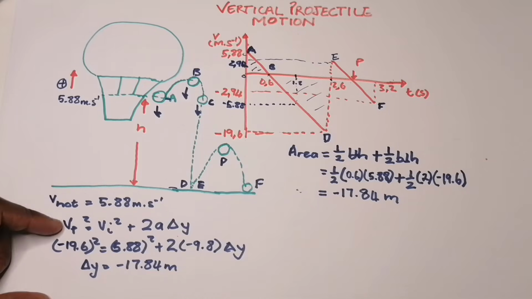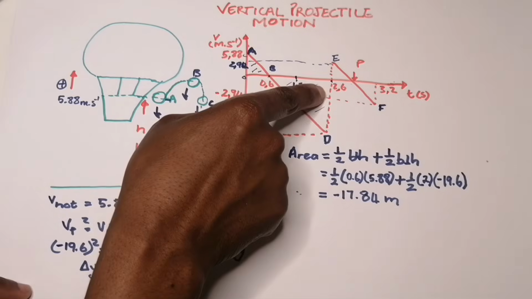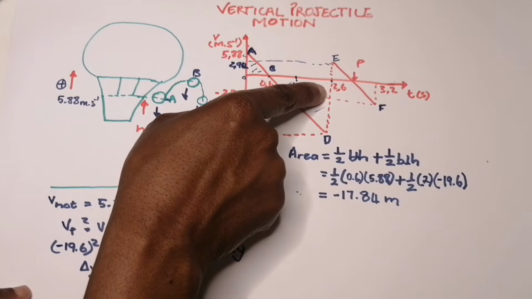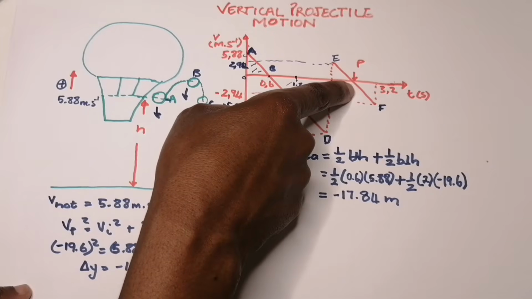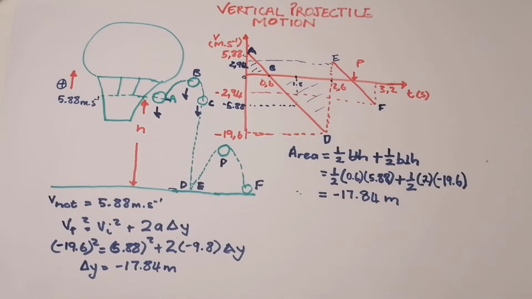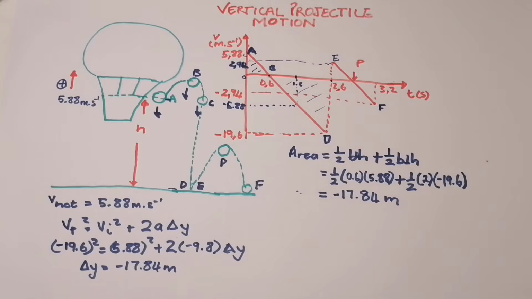Okay, so I was told that it left at 2.6 seconds and it came back at 3.2. So what would be that time there? Of course, it would be the mean between the 2 points. So all I can simply do is say 3.2 and add it to 2.6.